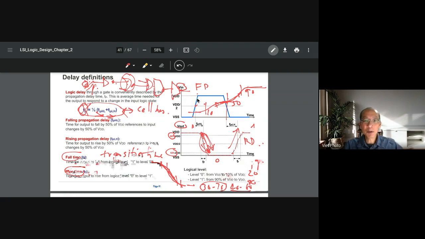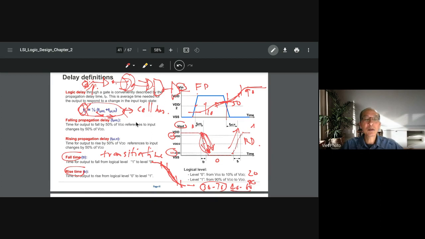Here's the input, and here's the output, which is an inverter. Because it inverts, you have this. This one goes from high to low, so they call it TPHL. HL means high to low. Similarly, you have this one, low to high, and we have this and this.